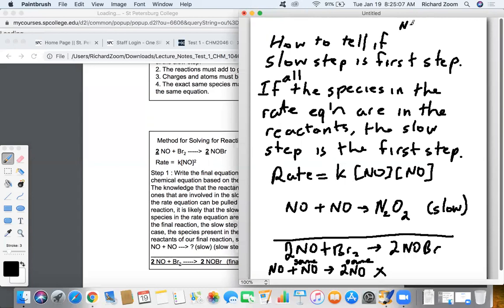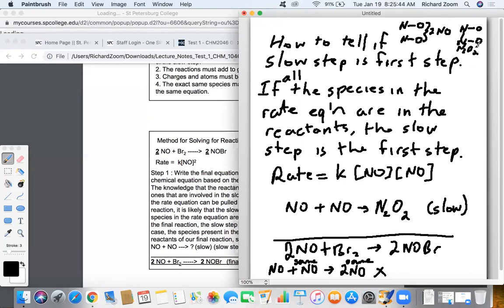So NO, that's 2NO. Now this is N2O2. I'm hoping you can see the difference between them.